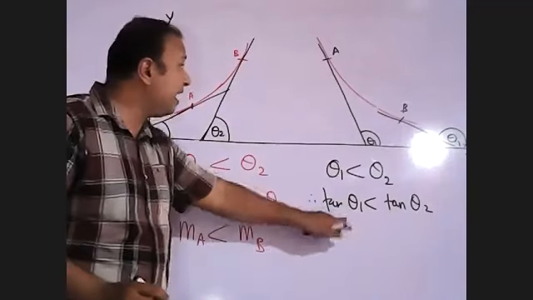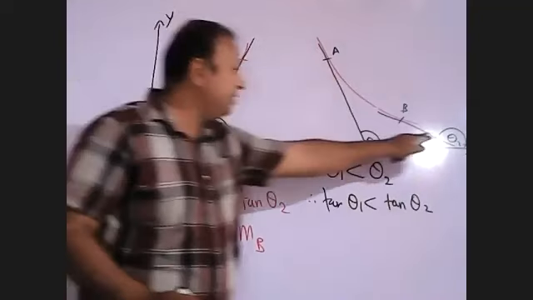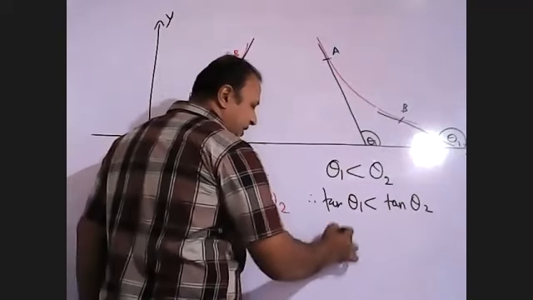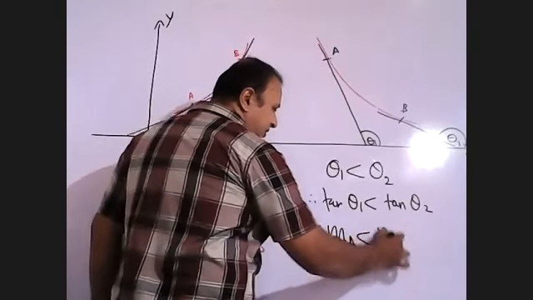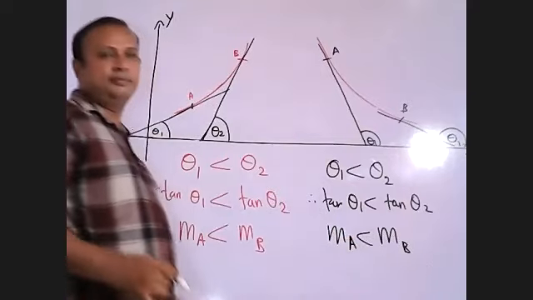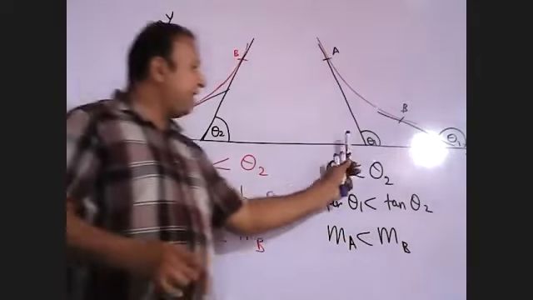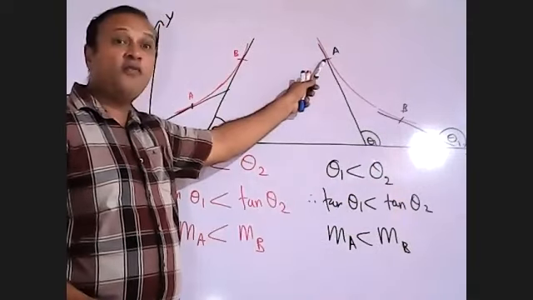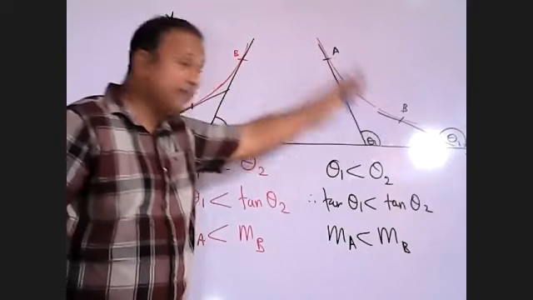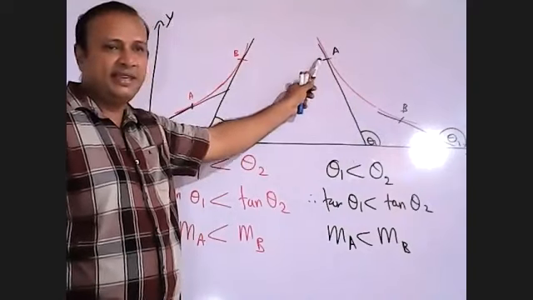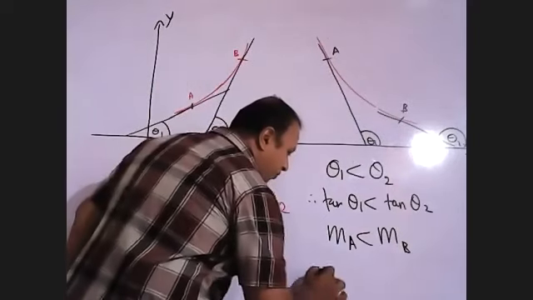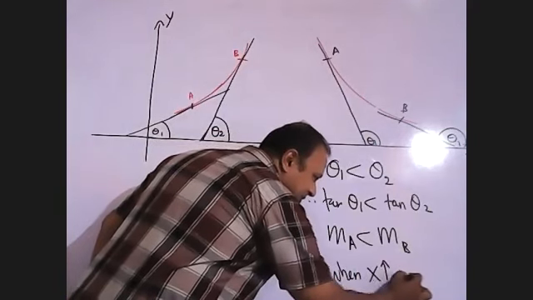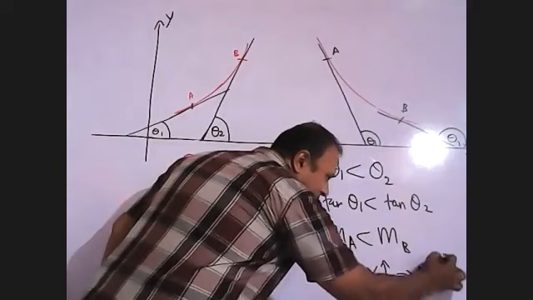Tan theta 1 means the gradient at point A, and tan theta 2 means the gradient at point B. Therefore, the gradient at point A is lesser than the gradient at point B. Therefore, when x increases, m also increases. The m value of B is higher than the m value of A.